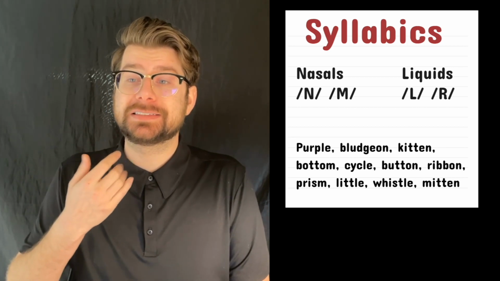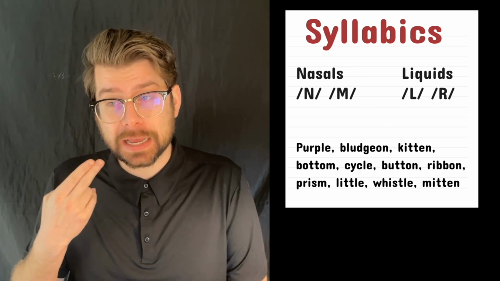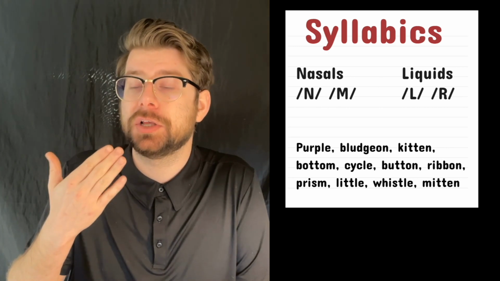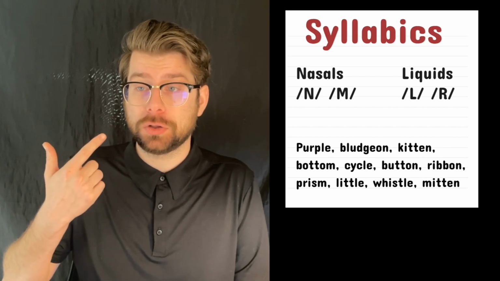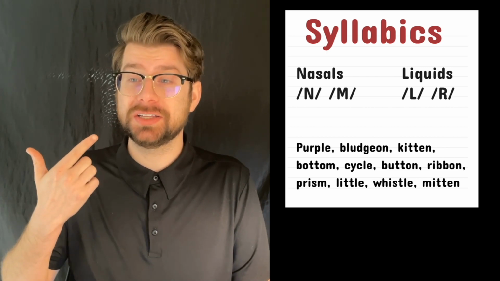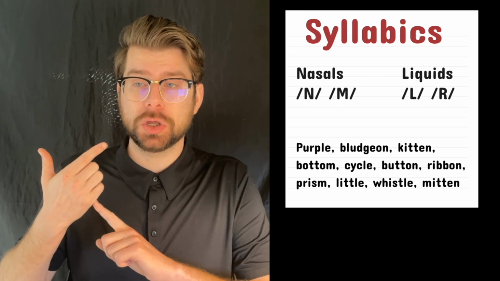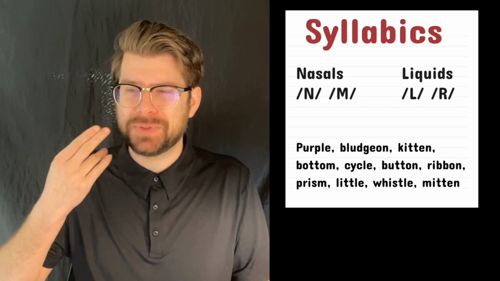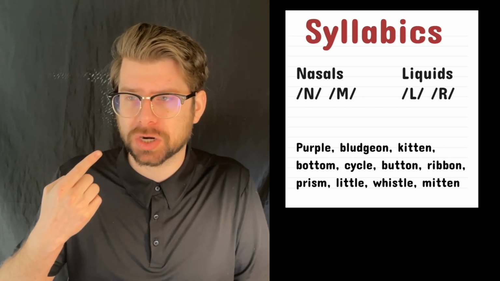So syllabics, and I'm showing you this because I cue them sometimes, and also so do other people. So I want you to be aware. So purple, that ul sound can be cued as ul, or you can cue purple, because you can't really take the vowel out of that word.